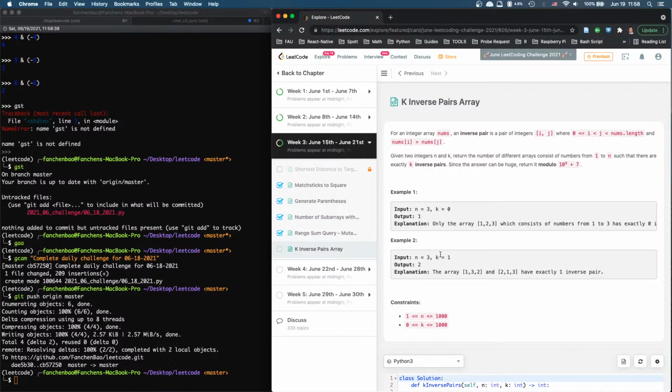Which means we have an overlapping subproblem. If we count the total number of pairs of n minus 1, we know the total number that exists in n minus 1 numbers, from 1 to n minus 1.